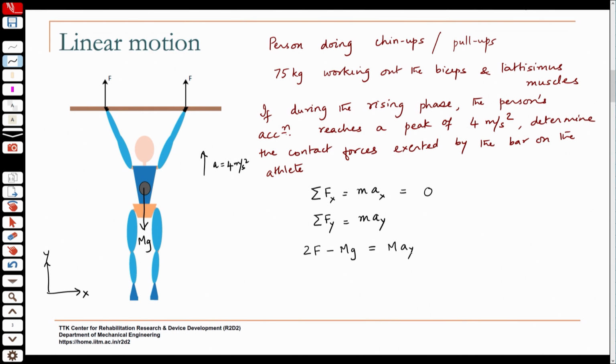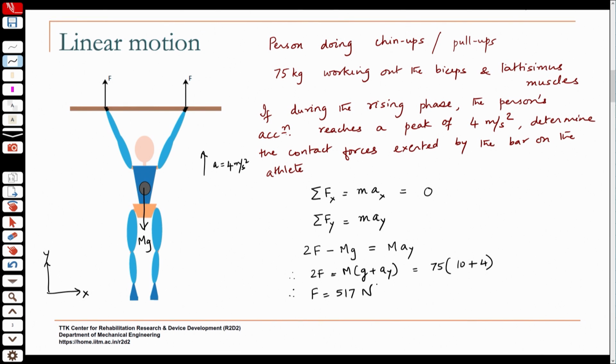So, what is F equal to? Straightforward. Therefore, 75 times (let us take g as 9.81, or you can approximate it to 10, plus 4) divided by 2, so F equals 517 newtons.